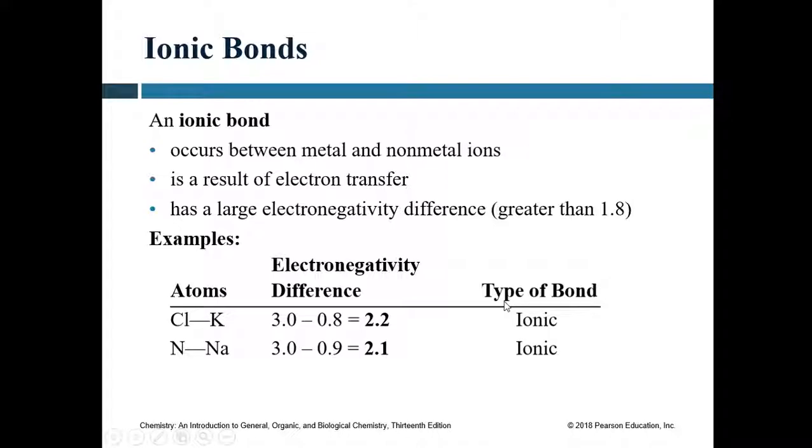If you want a value, that value is around 1.8. However, usually you don't have to calculate that value for ionic bonds. You can just look. If the first one's a metal, almost always it's going to be an ionic bond. And again, why? Because it has such a large electronegative difference that one is going to steal the electron from the other.